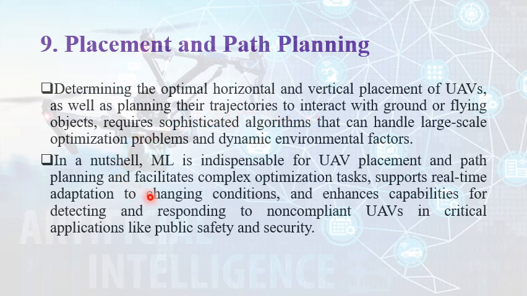In a nutshell, ML is indispensable for UAV placement and path planning and facilitates complex optimization tasks, supports real-time adaptation to changing conditions, and enhances the capability for detecting and responding to non-compliant UAVs in critical applications like public safety and security.